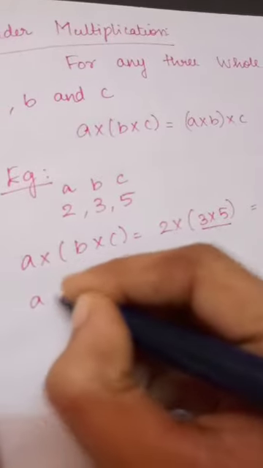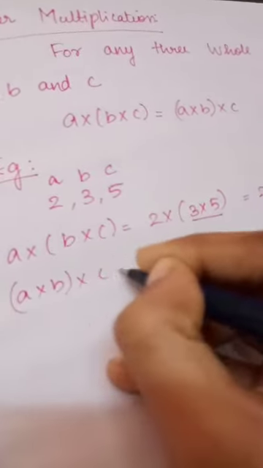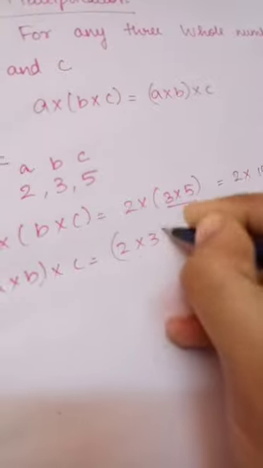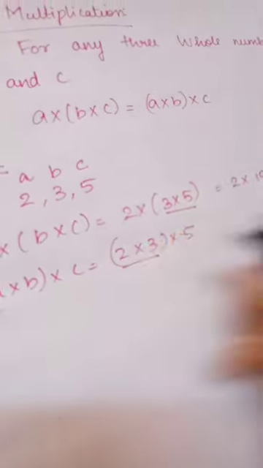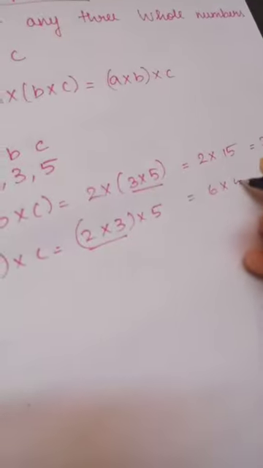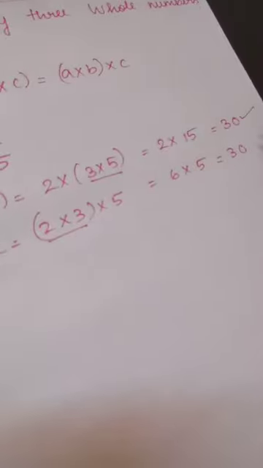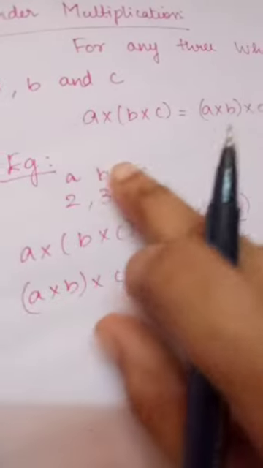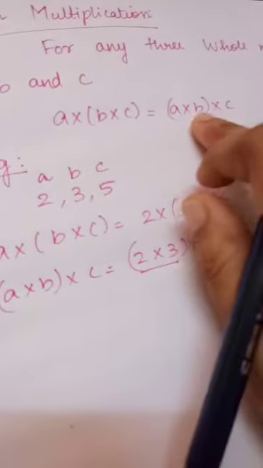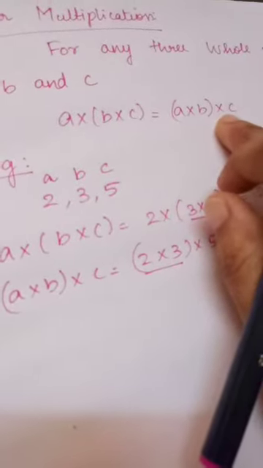Next, (A into B) into C is (2 into 3) into 5. 2 threes are 6, into 5 is 30. So both the answers are the same. Therefore, whole numbers are associative under multiplication.